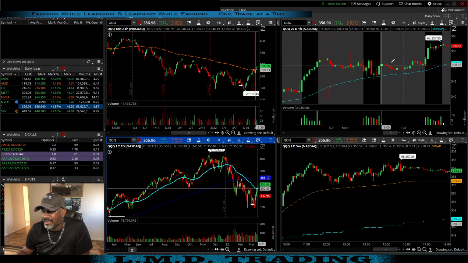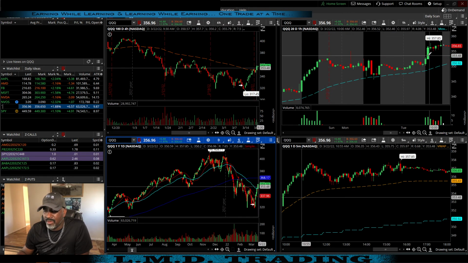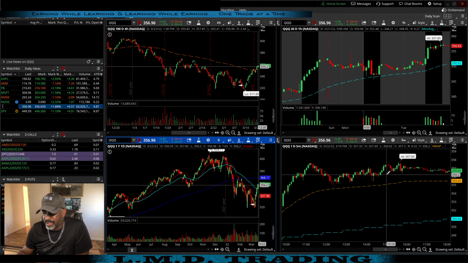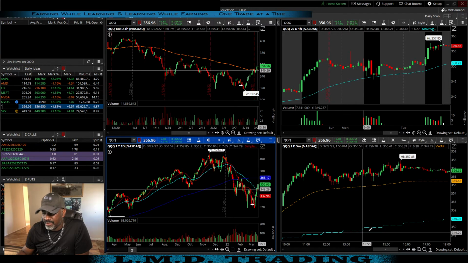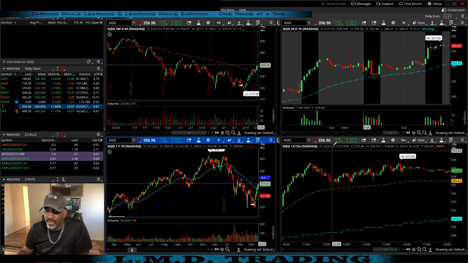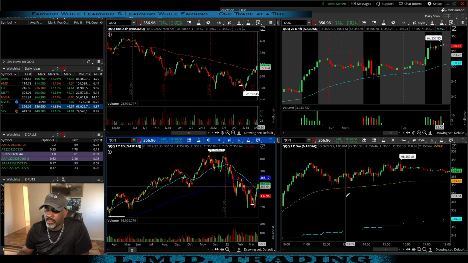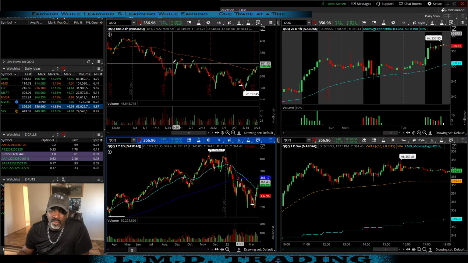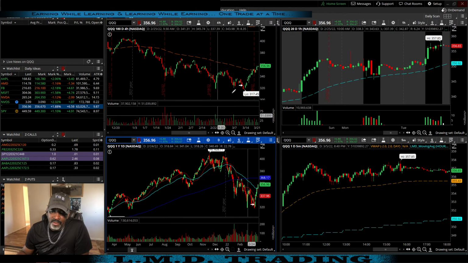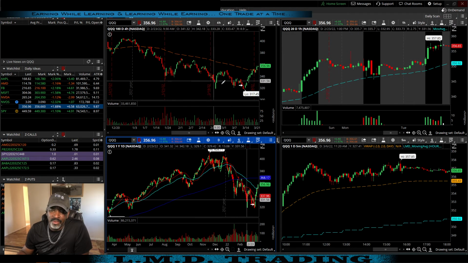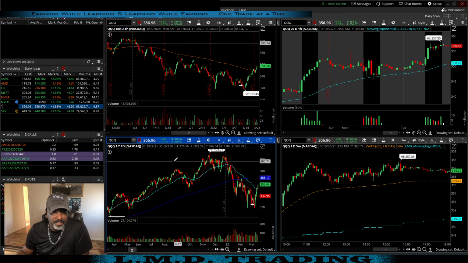It is clearly in an uptrend on the shorter time frame. It's trading above the VWAP, which is good, and it's well above the 50. So on the shorter time frame, we'd probably look to play calls. On the longer time frame, once we get confirmation, we'd be looking for this to continue going lower.